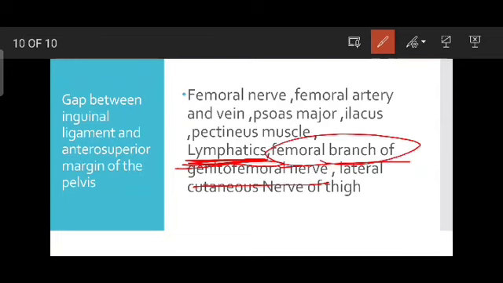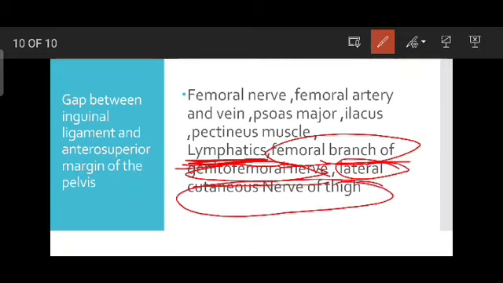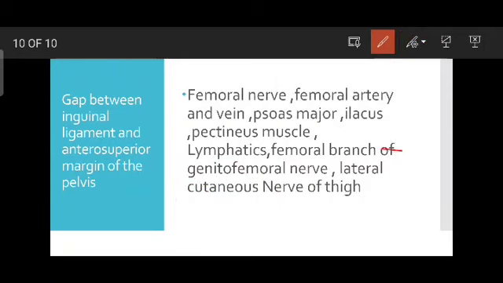This femoral branch of genitofemoral nerve is from the lumbar plexus, okay, and lateral cutaneous nerve of thigh is also from the lumbar plexus and supplies the lateral side of the skin of the thigh. That's all about this.